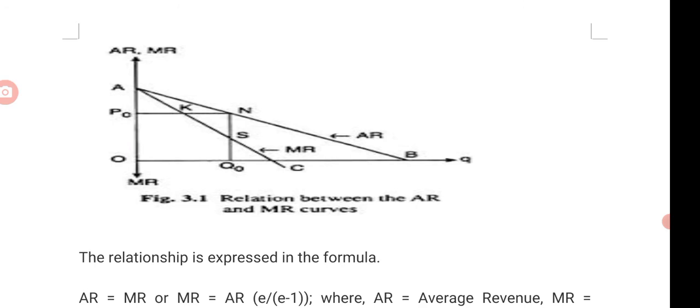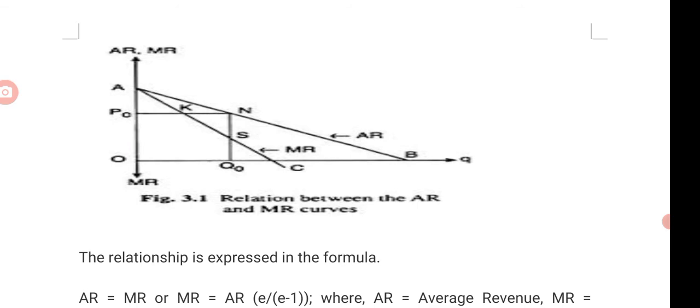In triangles PAN and QNB, angle APN and angle NQB are right angles, and angle ANP is equal to angle NBQ, corresponding angles. Therefore, triangle PAN and triangle QNB are similar.